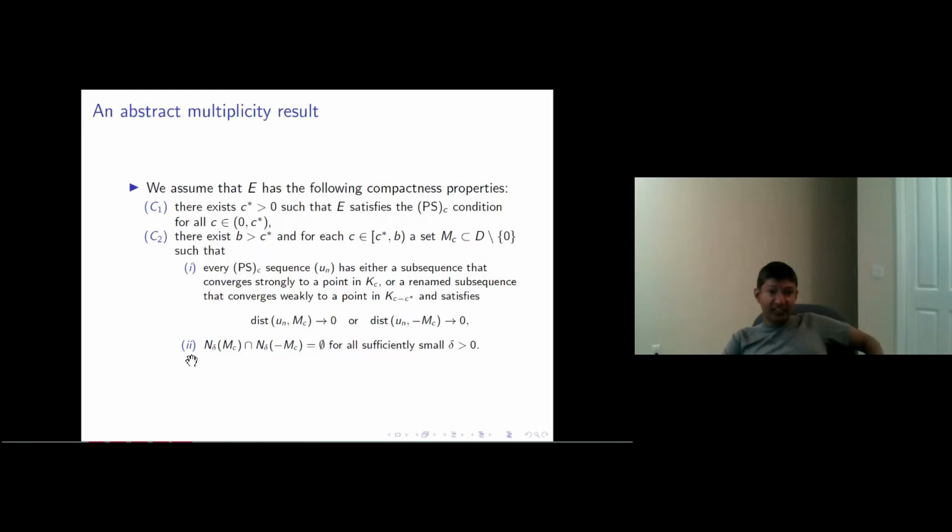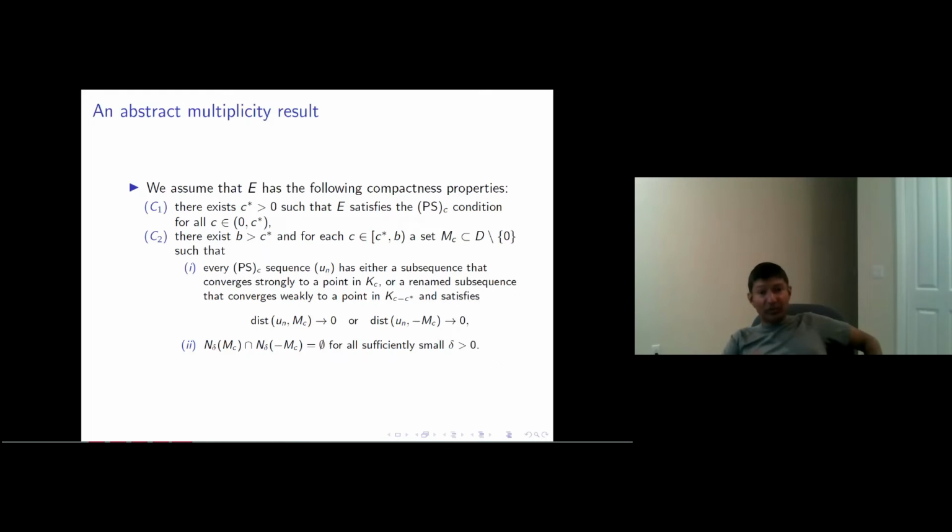And the second condition is that there is some delta neighborhood of M_c and a delta neighborhood of negative M_c that are disjoint, as long as delta is sufficiently small. In other words, M_c and negative M_c can be separated by delta neighborhoods if delta is small enough.